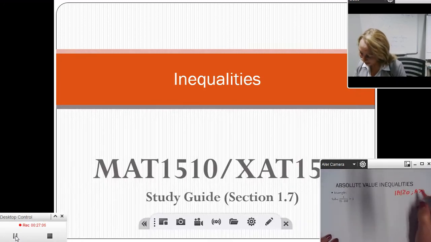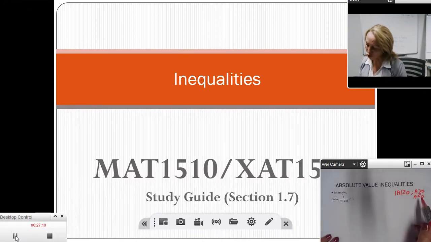But for any a value, whether it's greater than or equal to 0 or whether it's less than 0, if you take the absolute value of it, you always have a positive quantity.